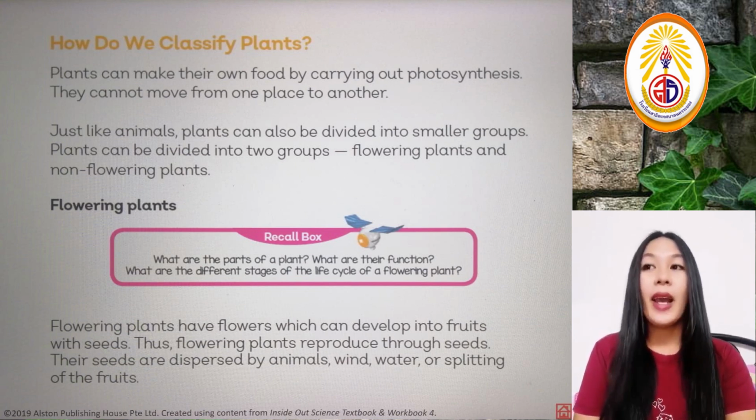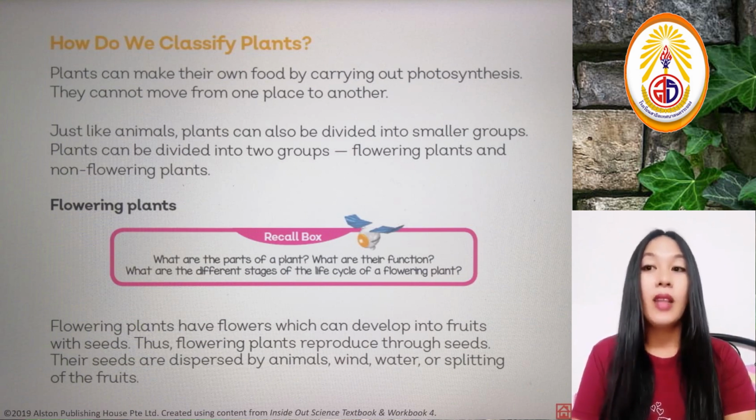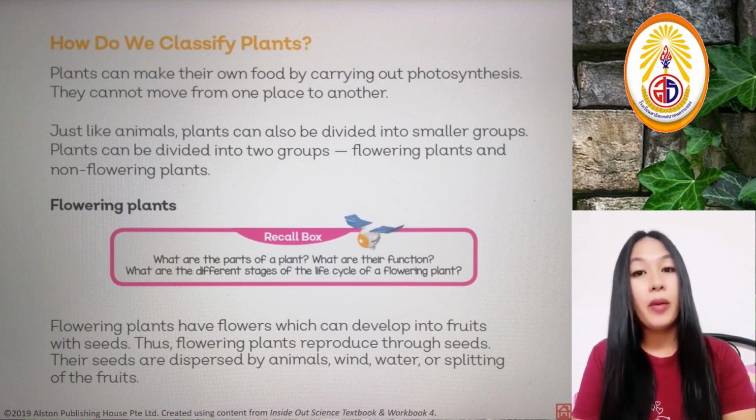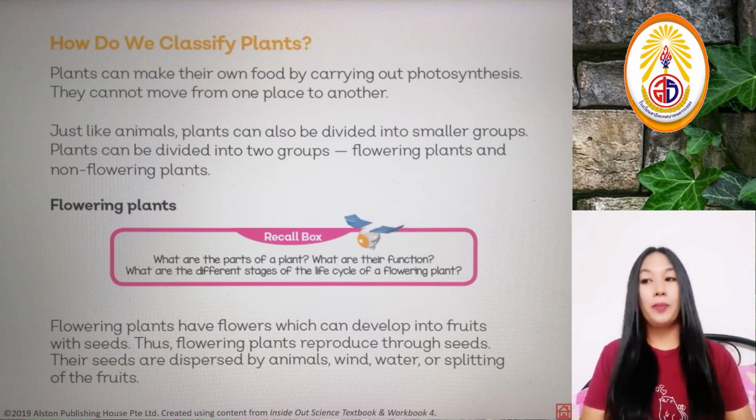Now, just like animals, plants can also be divided into smaller groups. Plants can be divided into two groups. We have the flowering plants and the non-flowering plants. In this video we are going to understand what flowering plants and non-flowering plants are.